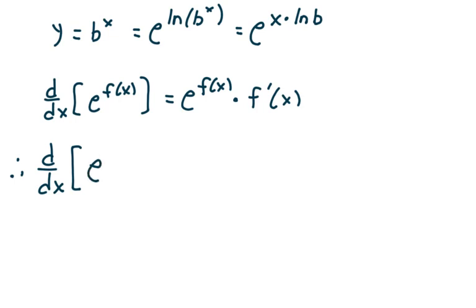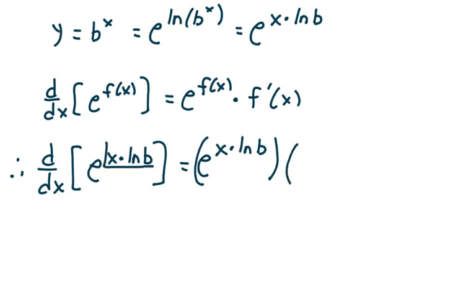So the derivative, we'll say therefore, of e to the x times natural log of b with respect to x is equal to, I'm going to get e to the x times natural log of b, and I'm going to take that answer times the derivative of x times natural log of b. So remember, natural log of b is like a number. It's like 5. The derivative of x with respect to x is 1. And so this is equal to e to the x times natural log of b times natural log of b.